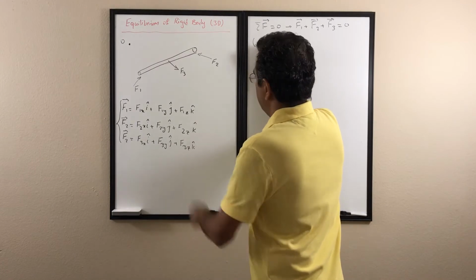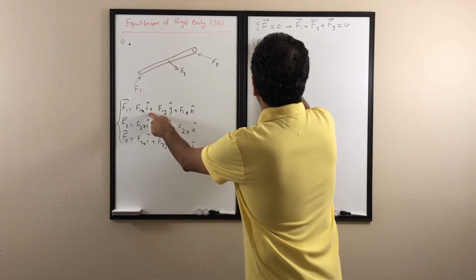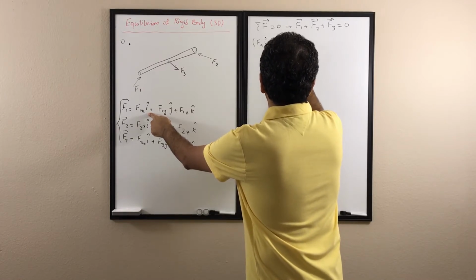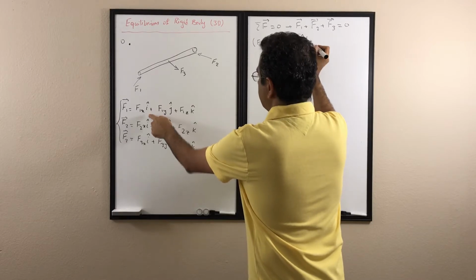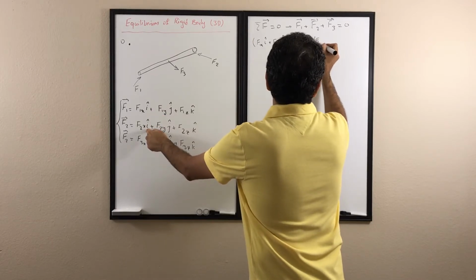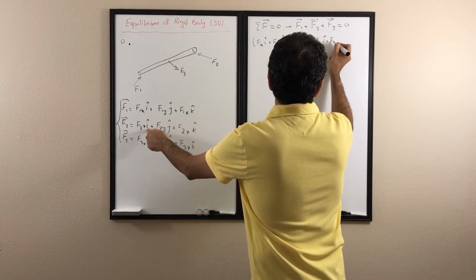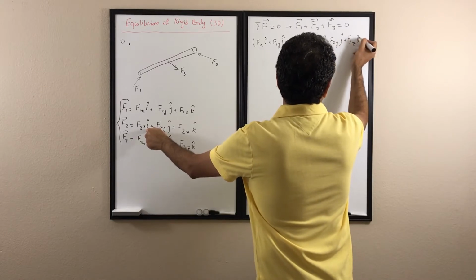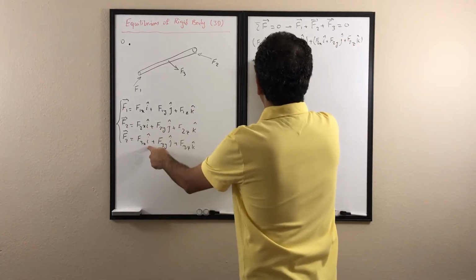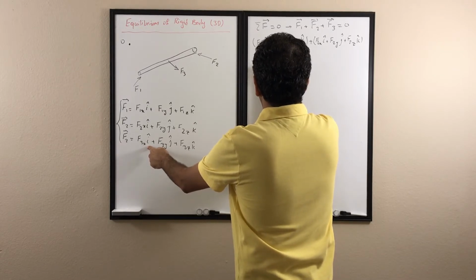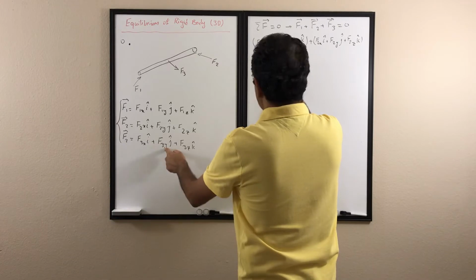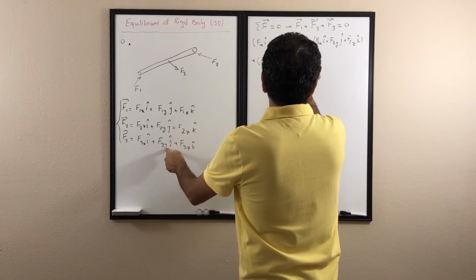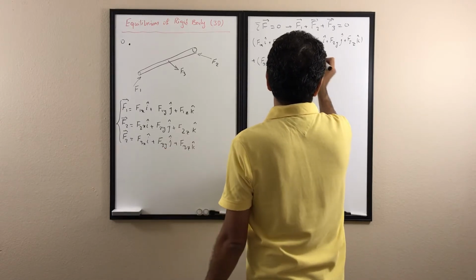It's going to be F1x i plus F1y j plus F1z k, plus the second one, F2x i plus F2y j plus F2z k, plus the third one, which is F3x i plus F3y j plus F3z k, and this should be 0.